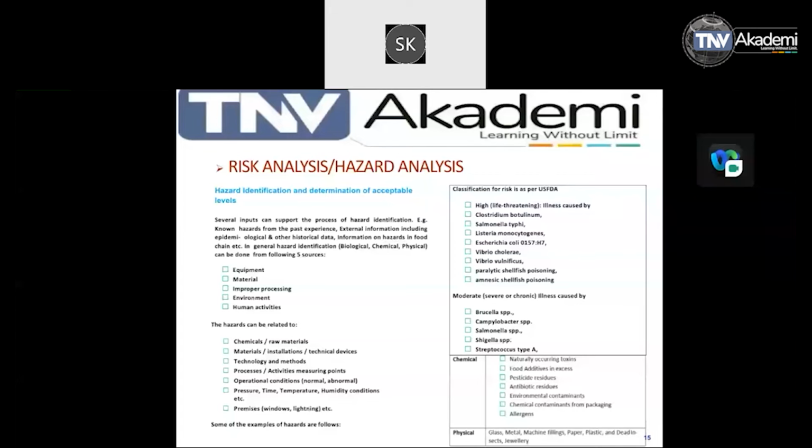Then Vibrio cholerae, Vibrio parahaemolyticus, Vibrio vulnificus, then paralytic shellfish poisoning, then amnesic shellfish poisoning, and also moderate illness caused by Brucella, Campylobacter, Salmonella, Shigella, and Streptococcus. So those are the types of biological hazard through which microorganisms can lead to biological hazard.